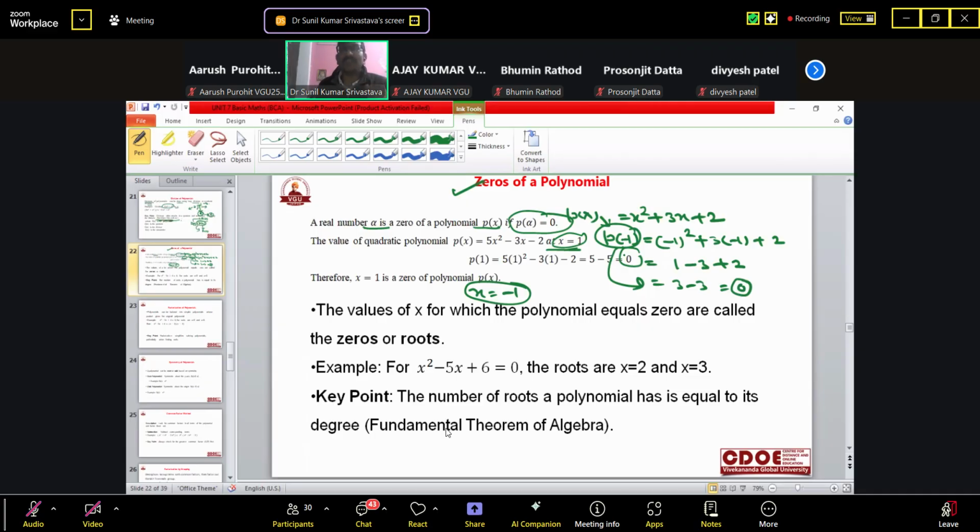For evaluation of the polynomial at particular values of the variable, if it becomes 0, then that value of x is known as a zero of that polynomial. The values of x for which the polynomial is equal to 0 are known as the zeros or roots of that polynomial. That is the most important thing I have to use next.